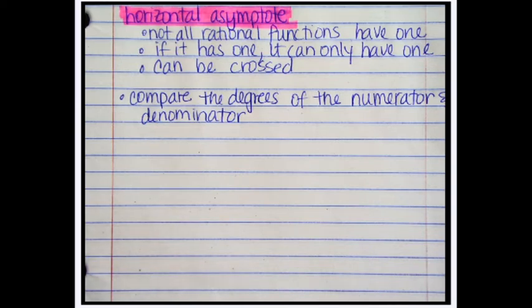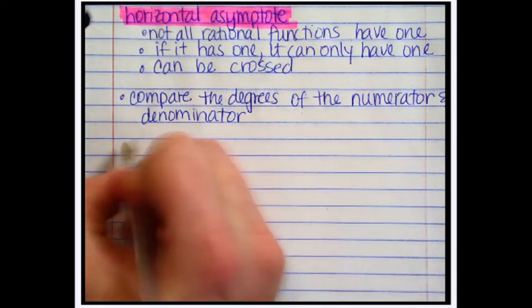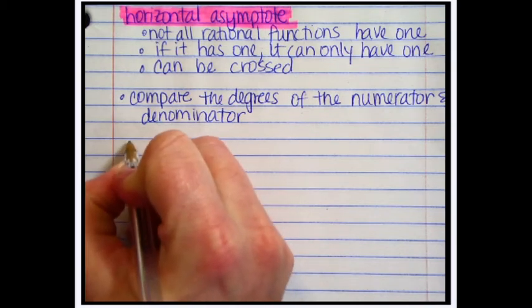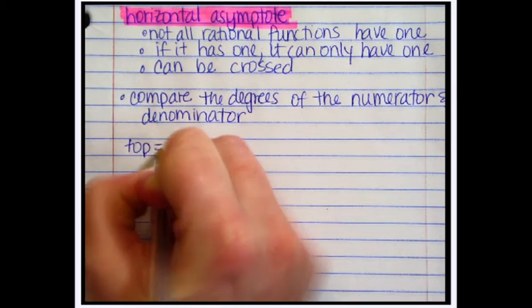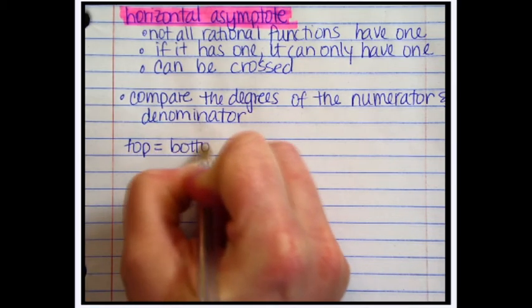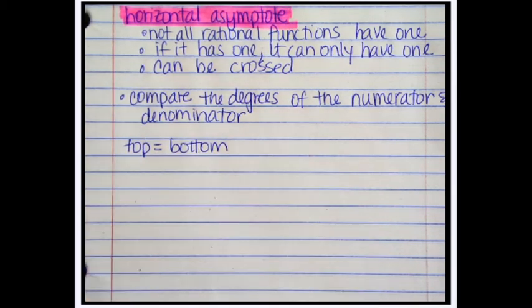Now there's 3 scenarios if you think about comparing numbers. They can be equal, the top can be bigger than the bottom, or the bottom can be bigger than the top. So let's look at scenario 1, where the top degree is equal to the bottom degree.